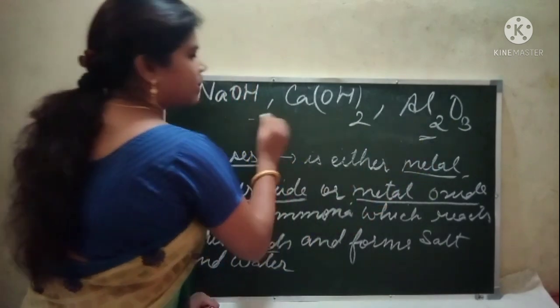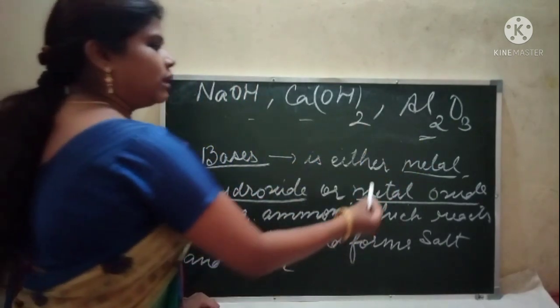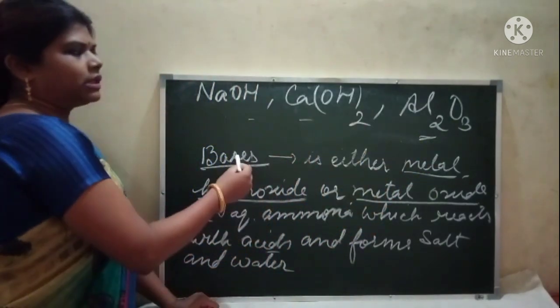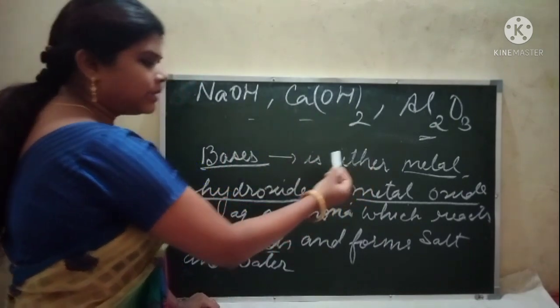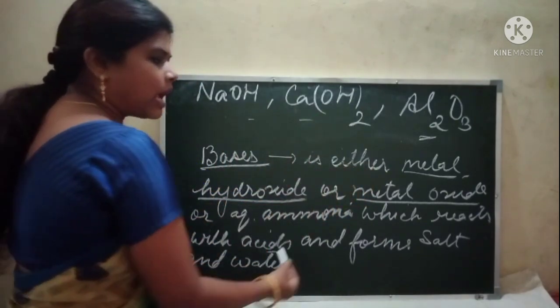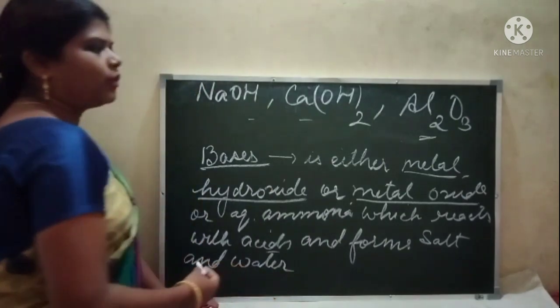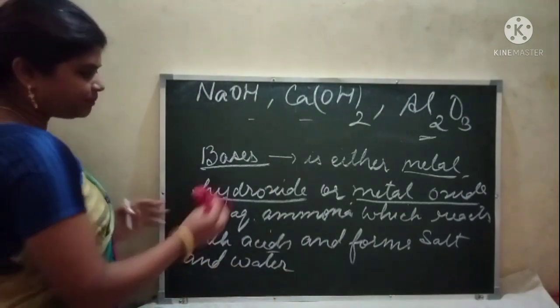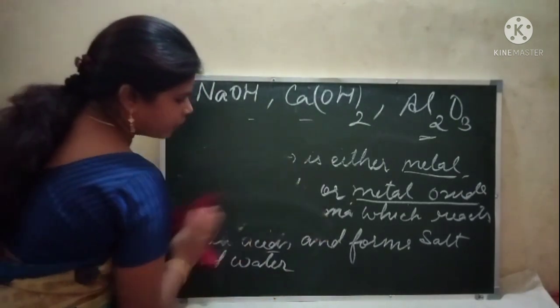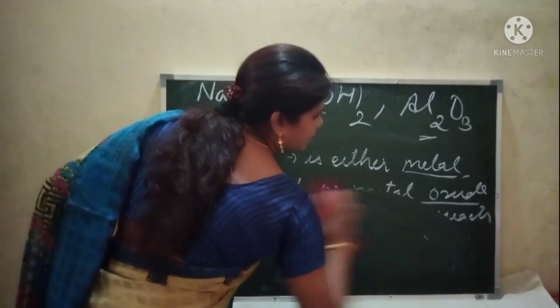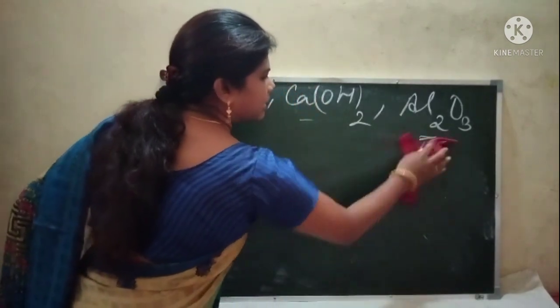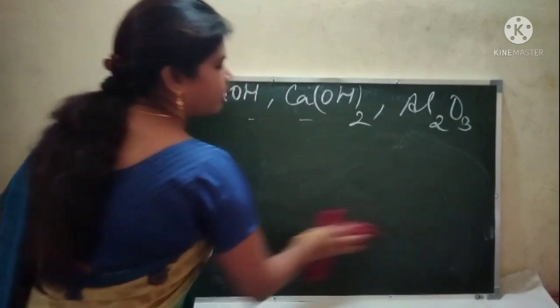These are the bases which, when they react with acids, neutralize them and form salt and water. Okay students, so from the definition we get to know that bases are actually metal hydroxides or metal oxides.